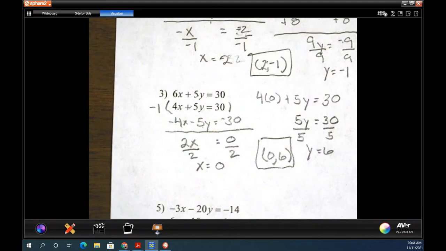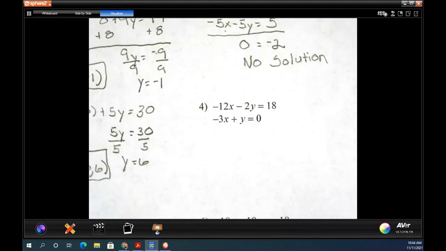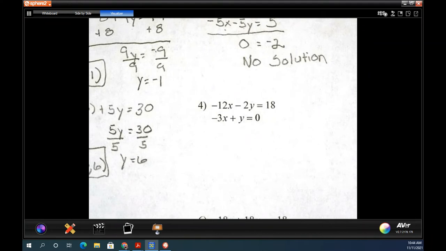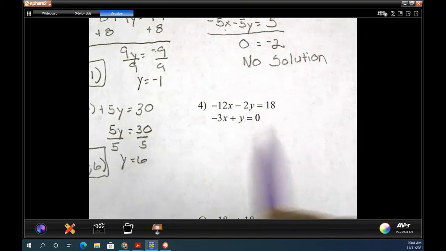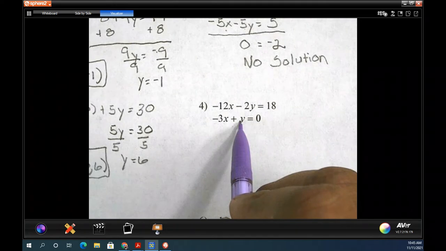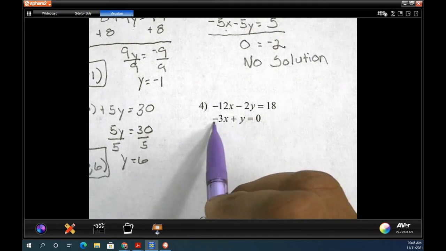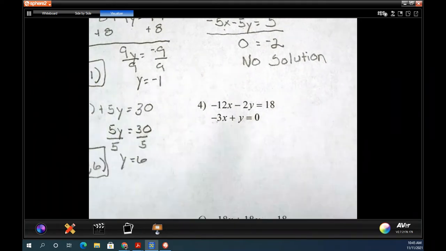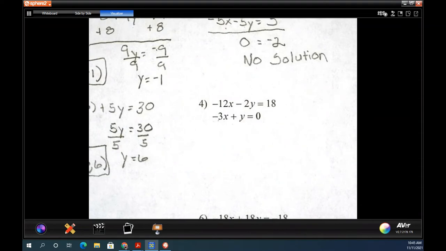Okay, look at these. Now, we can't multiply by -1 because none of them have the same coefficient. Here's where the thought process has to come in. I could multiply this one by 2, or I could multiply by -4, but I'd rather just do 2 to get rid of the y's.